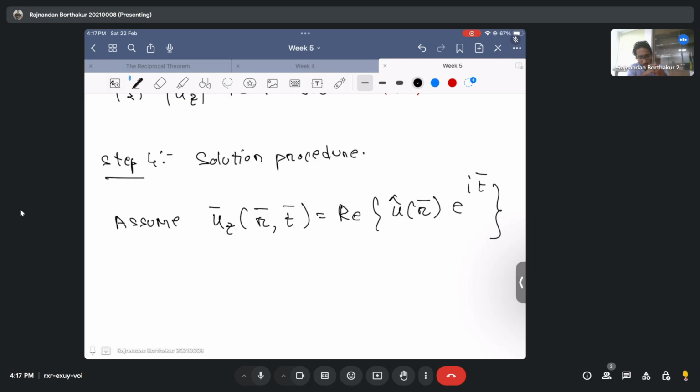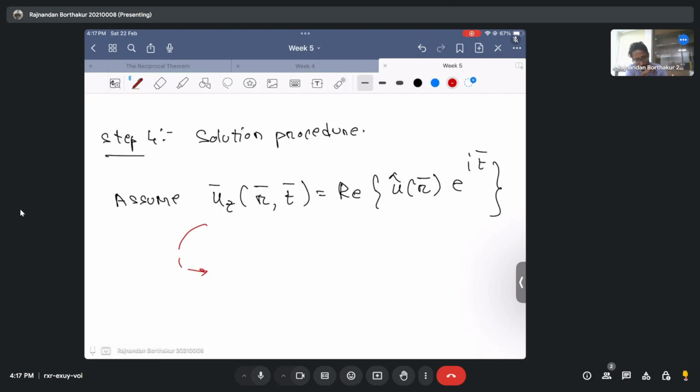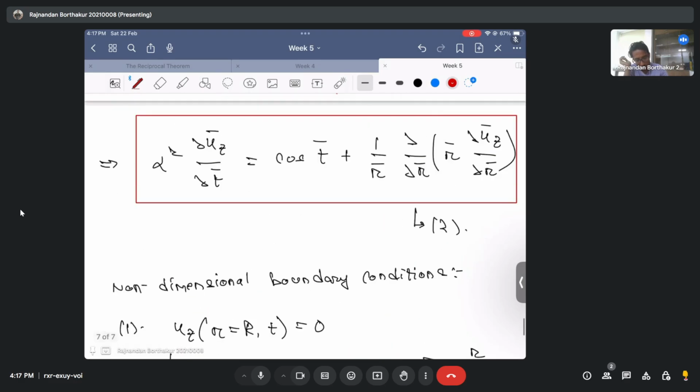Now the idea is twofold here. We are in a position of making this assumption mainly because of two things. First, the governing equation is linear, as you can appreciate by looking at the governing equation 2, and this is indeed linear.